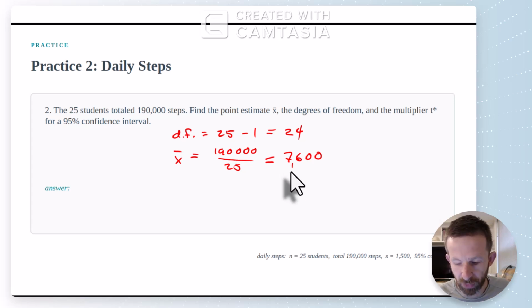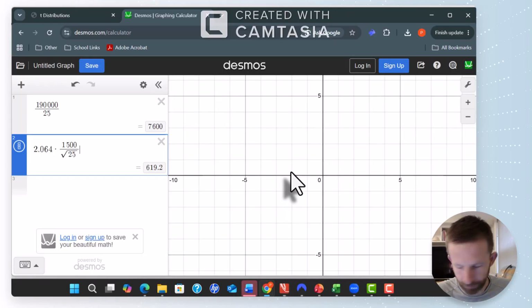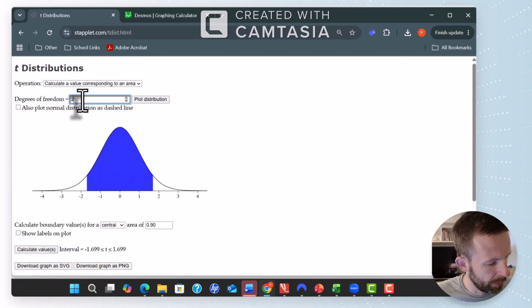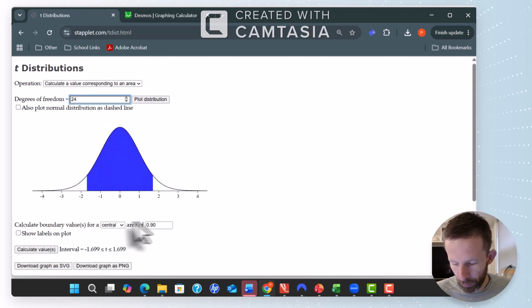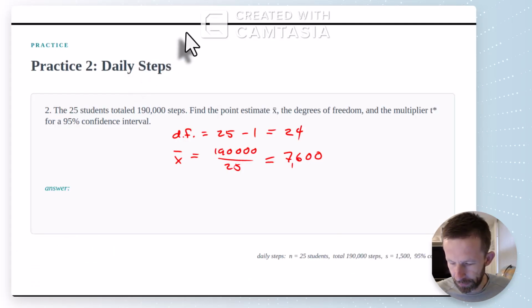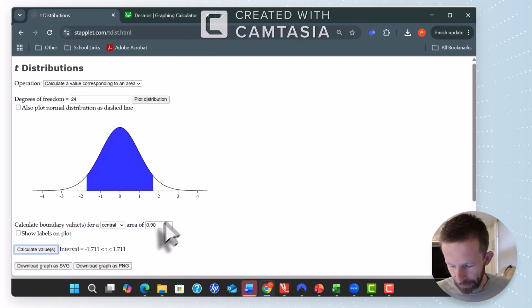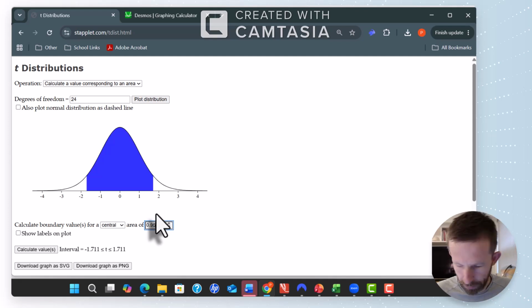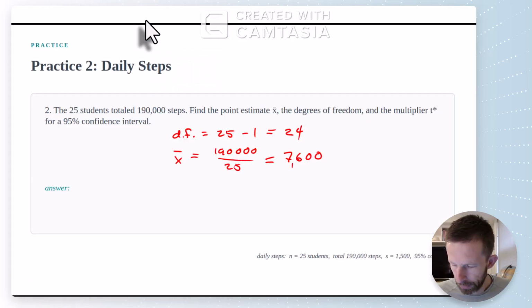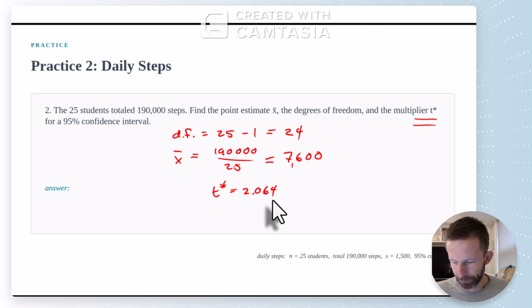All right, so I have 24 degrees of freedom, and I want a 90%. I'm pretty sure it asked for 90%. Nope, 95%. All right, so 95%. My multiplier t star would be 2.064.